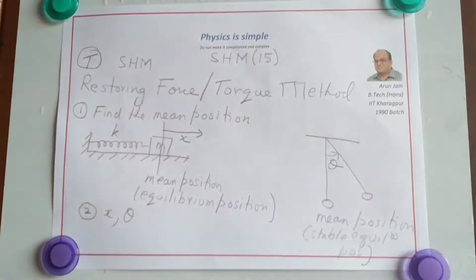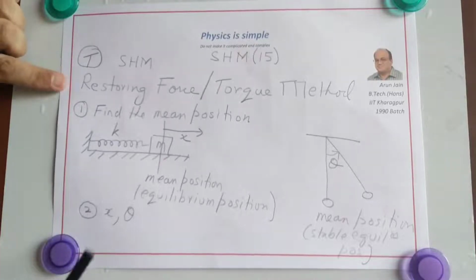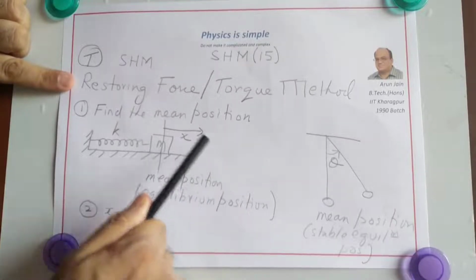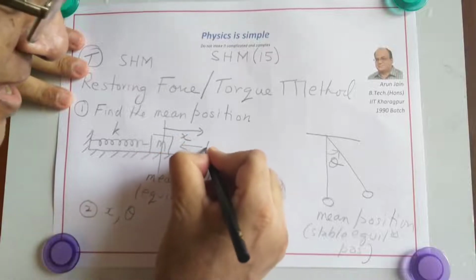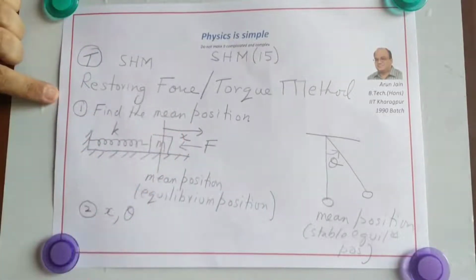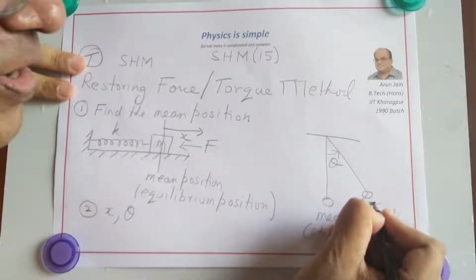So that is the next step, displace the particle by a distance x in case of linear SHM or angle theta in case of angular SHM. Once you have done this displacement, we try to find the net force in case of linear SHM on the particle in the displaced position, or net torque in case of angular SHM.